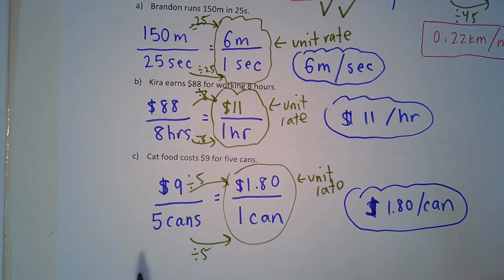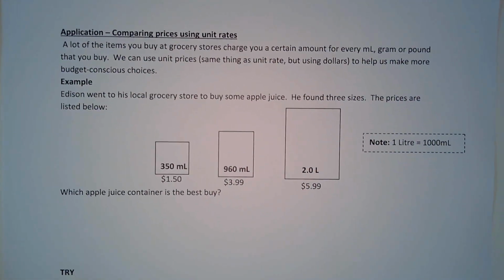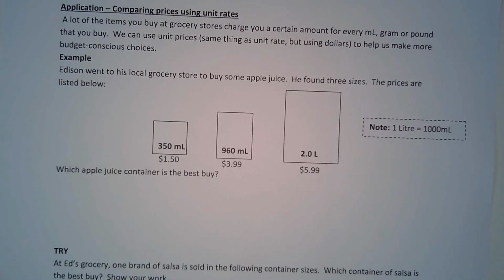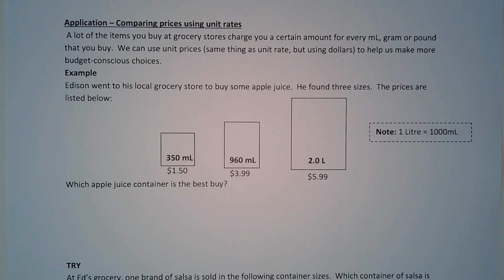Okay, so on the back side now, we're going to compare prices using unit rates, right? So a lot of times we go into the grocery store and there are different sizes, for example, different sizes of soup cans, different sizes of laundry detergent, and they each cost a different amount.